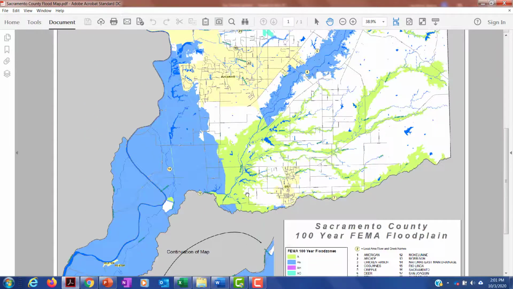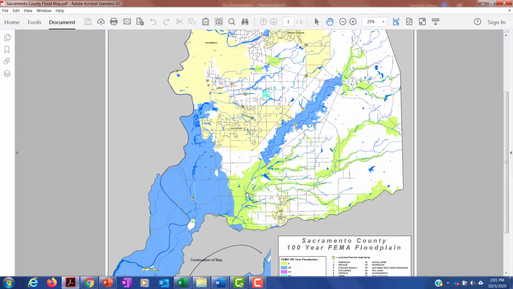So zooming out here in Sacramento County, all these lightish blue areas are floodplain. These green areas also are 100-year floodplain. And this is why I want to talk about what the 100-year floodplain means, how it's calculated, and some interesting things about it, because it really is important to understand if you're anywhere near the 100-year floodplain.